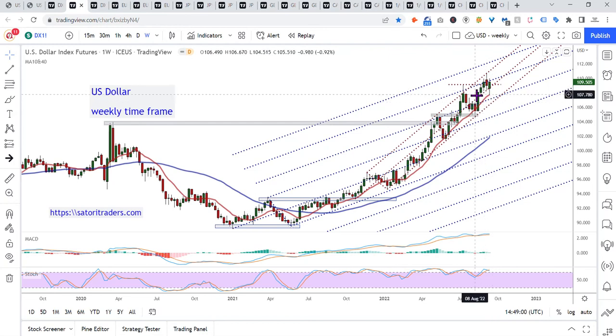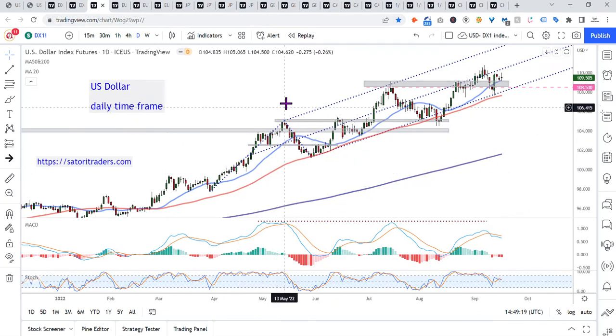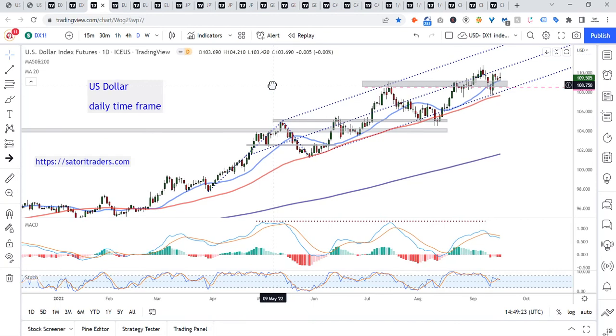But again, this looks like a sustained uptrend, finding support along the 10-week moving average. MACD is very overbought, but in bull mode on a buy signal, energy very elevated. And so again, expectation for higher prices in the weekly time frame.